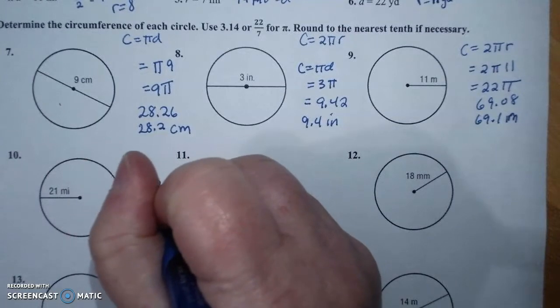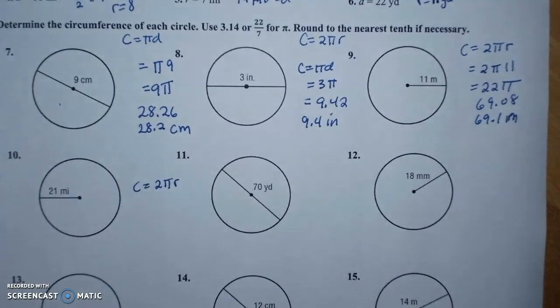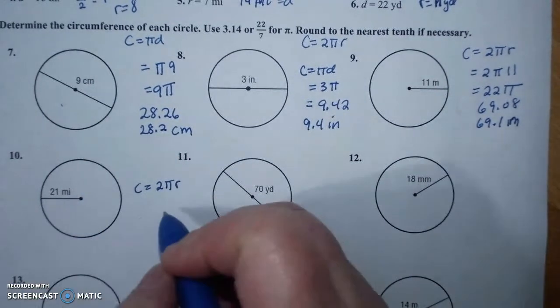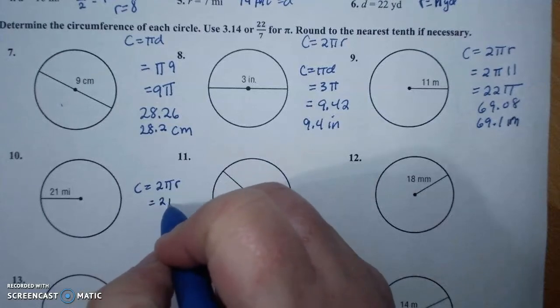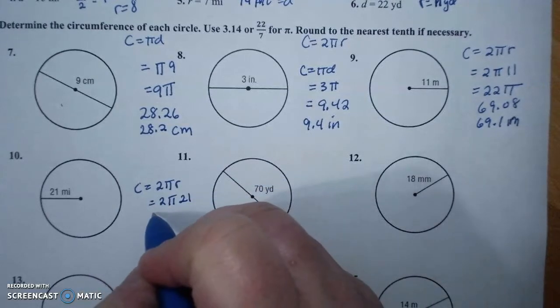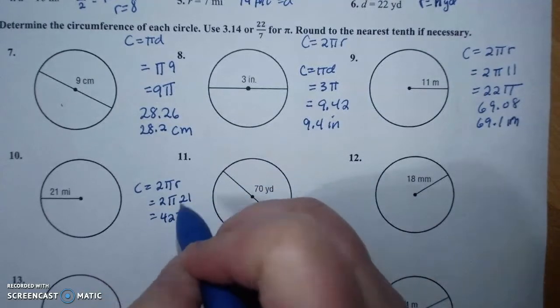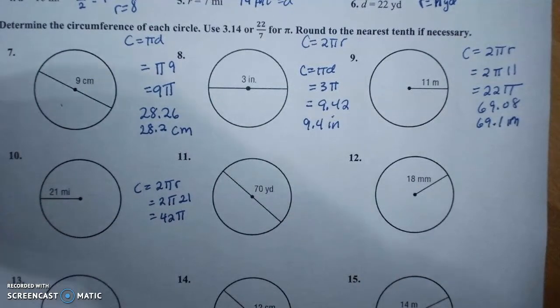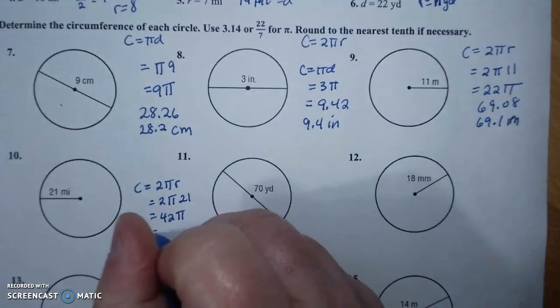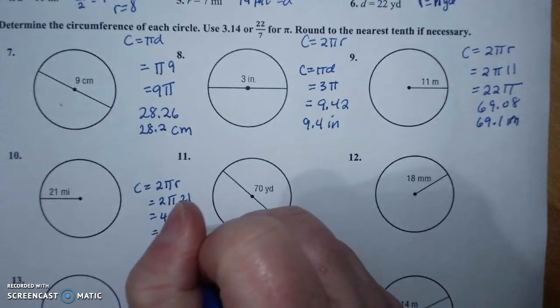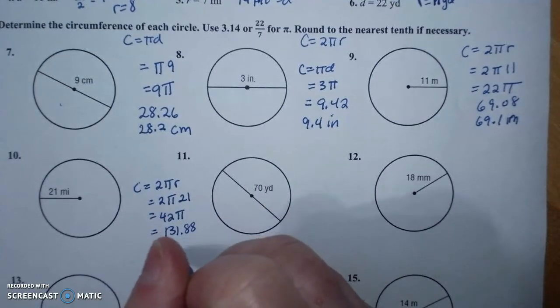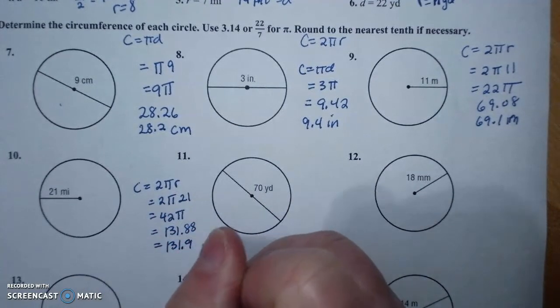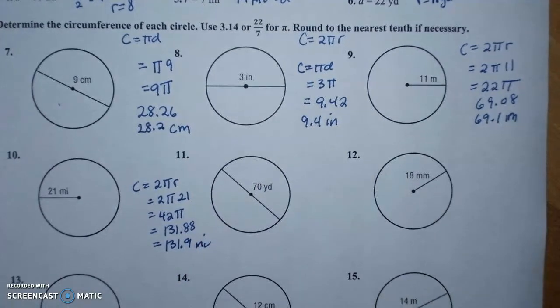C equals 2 pi r, because I'm given a radius, equals 2 times pi times 21 equals 42 pi. Then I multiply 42 times pi using 3.14, 131.88, rounding to the nearest tenth, 131.9 miles.